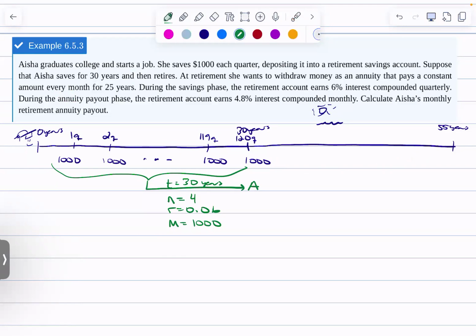And so we can think of it as kind of 1 month into retirement, 2 months into retirement, and then for 25 years, 25 times 12 is 300 months. And she's going to get some amount M that we need to solve for. That amount M is being dispersed from that A that she's been saving.